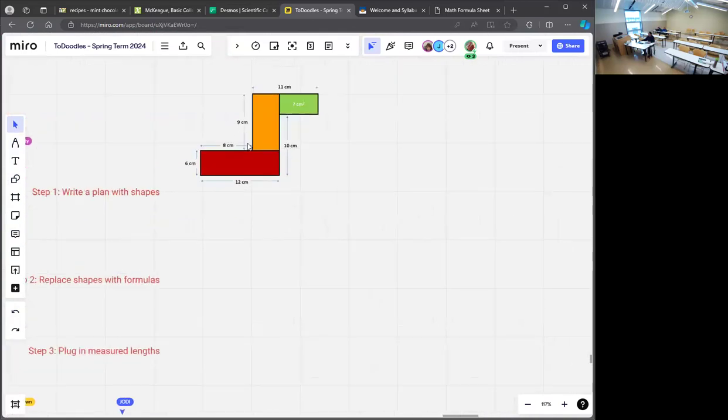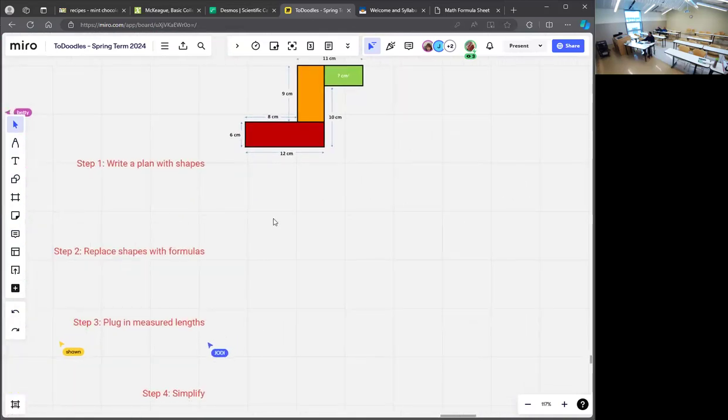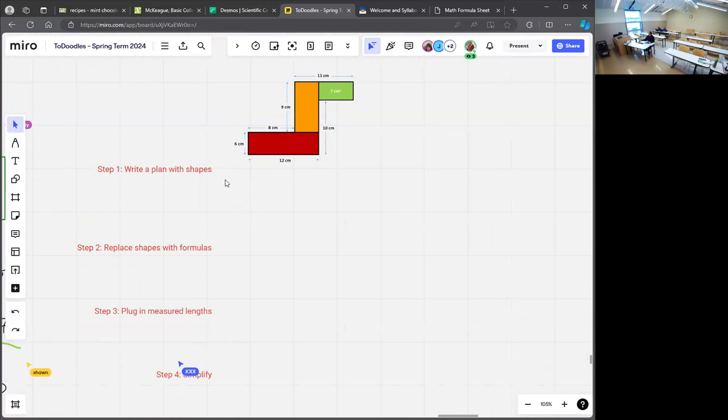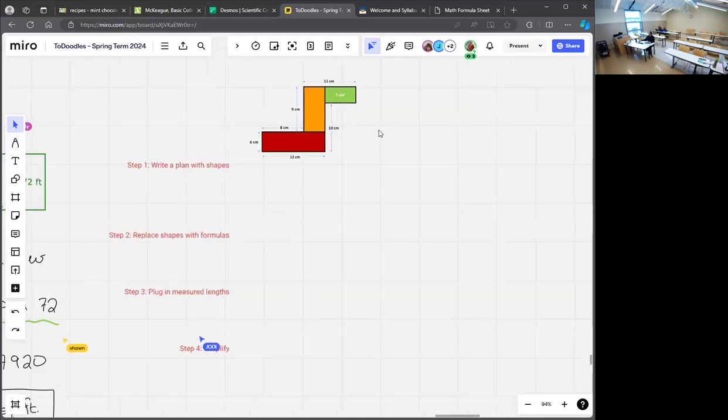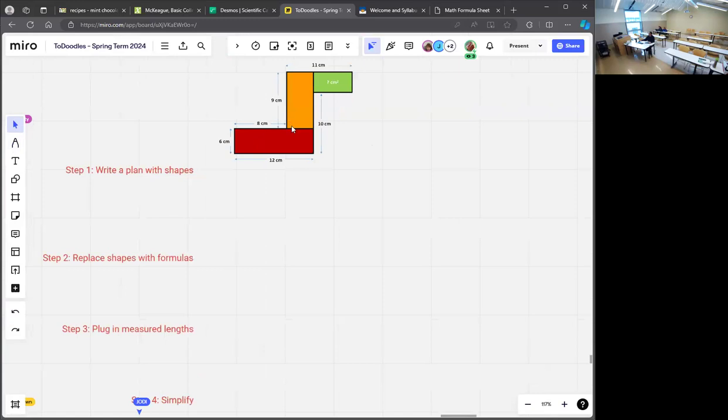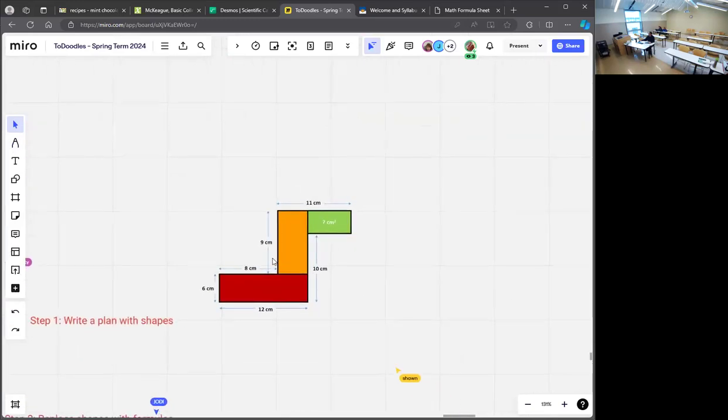Okay, this one is nice because we have 3 different colors. So I want to write a plan with shapes, but I don't need to find the total area. I just need to find the green area in this problem. So, let me look at this shape a little more carefully.